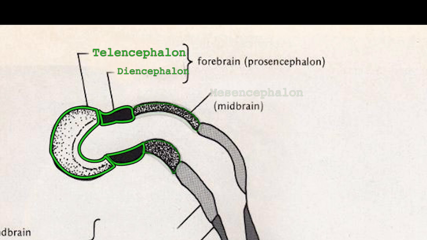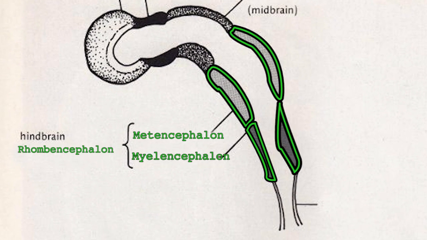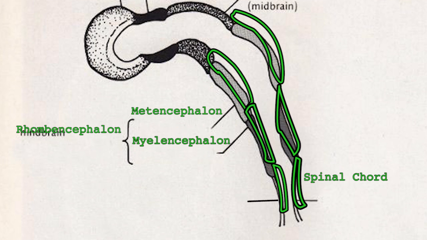Then a little more posteriorly, you have the midbrain or mesencephalon. And then most posteriorly in the brain, you have the hindbrain or rhombencephalon. And that's divided into the metencephalon and the myelencephalon. And then you have the spinal cord.